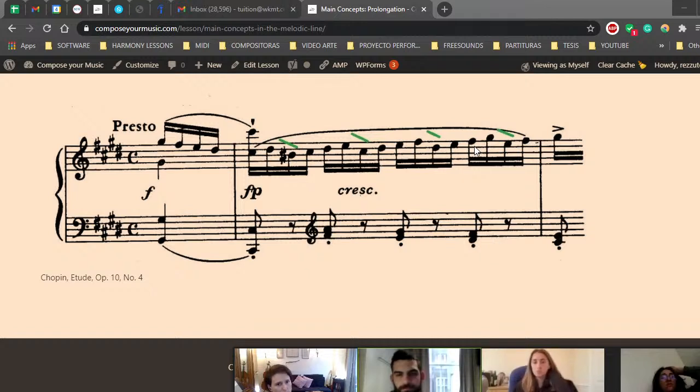D with F, we have a third, G, fourth, jump to the second, F again. So basically the idea, if you see just the verticality of this passage, is 6th, octave, third, and then fifth. That would be which pieces?